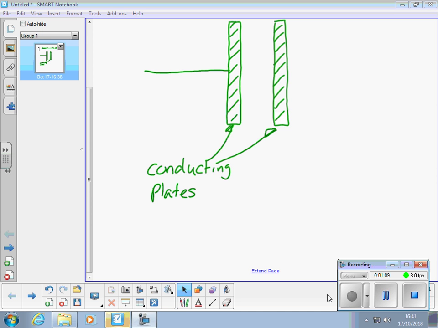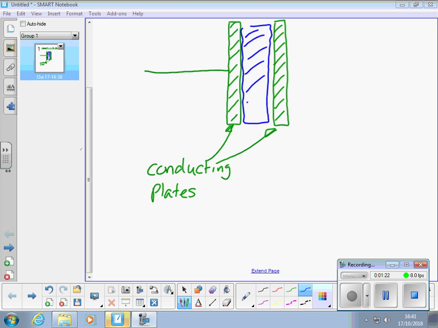And then between that is insulating material, that's called the dielectric.